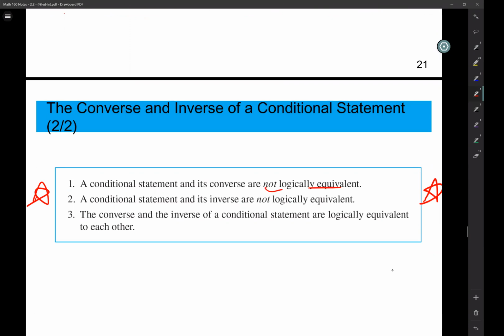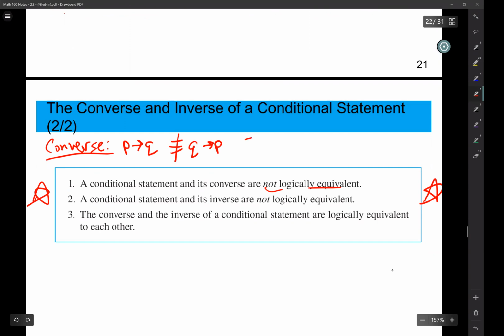In symbols, P implies Q is not logically equivalent to Q implies P. And for the inverse, P implies Q is not logically equivalent to not P implies not Q, like that.